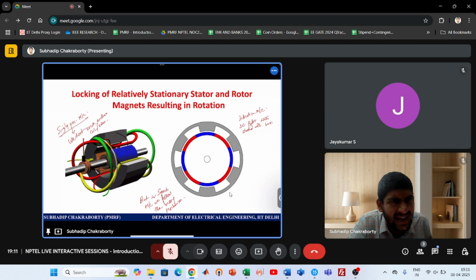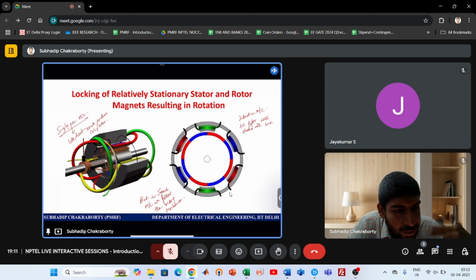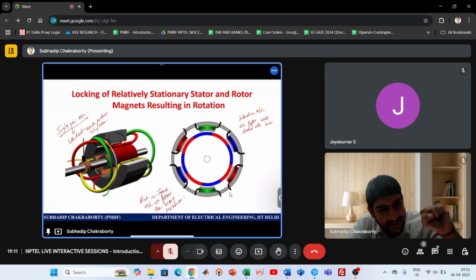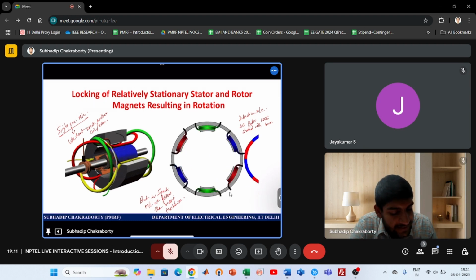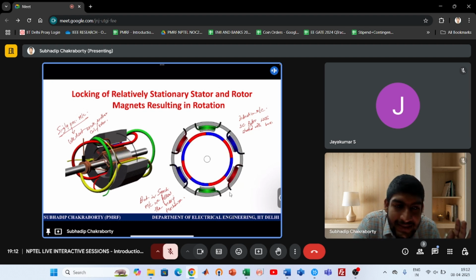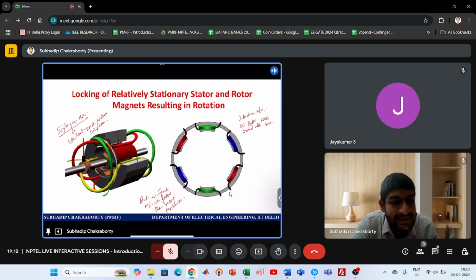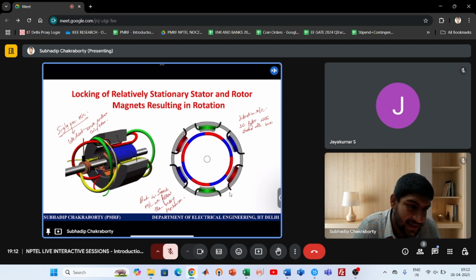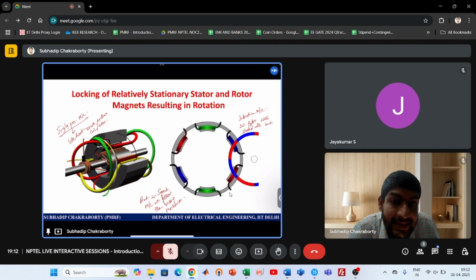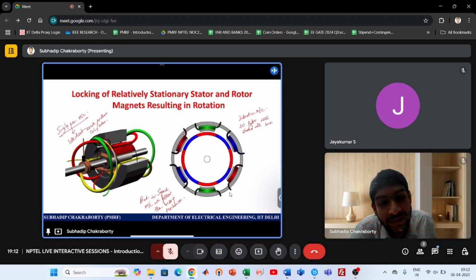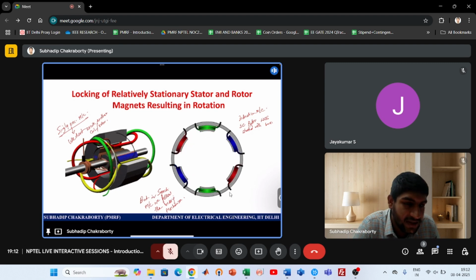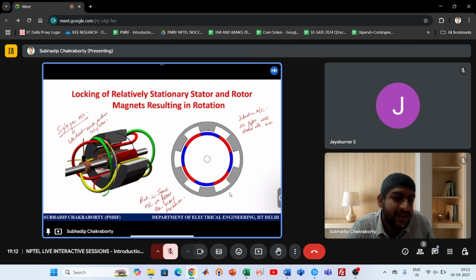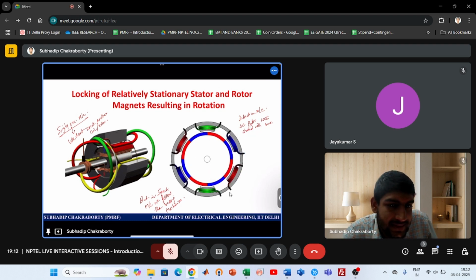Or otherwise, you create an electromagnet in the rotor and just rotate it. That will do what you see here. That will cut the phase conductors. The phase conductors cutting at different instances of time will lead to the generation of different time displaced voltages in the space displaced coils, which will in turn lead to the formation of RMF, and that will lead to the generation of voltages.